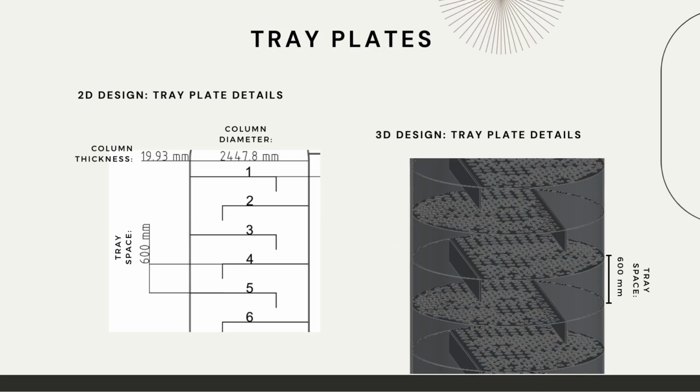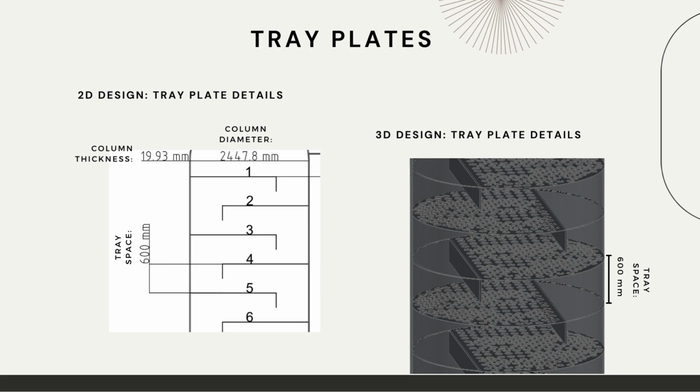The 2D and 3D design details of the tray plate for the distillation column reveal that the tray spacing is precisely 600 mm. The column itself features a thickness of 19.93 mm and a diameter of 2447.8 mm.